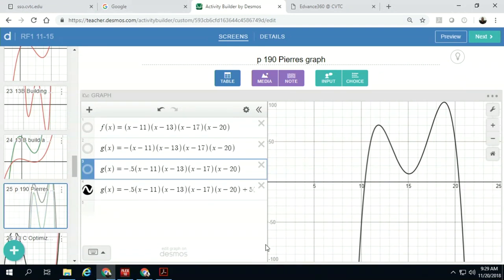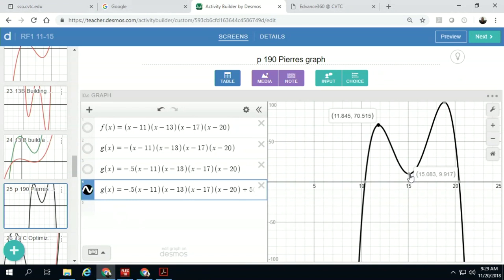what's in your book? Well, if you notice, the peak, does it look like it's at 11 and 70? No, I'm sorry, almost 12 and 70. And then almost 15 and positive 10.